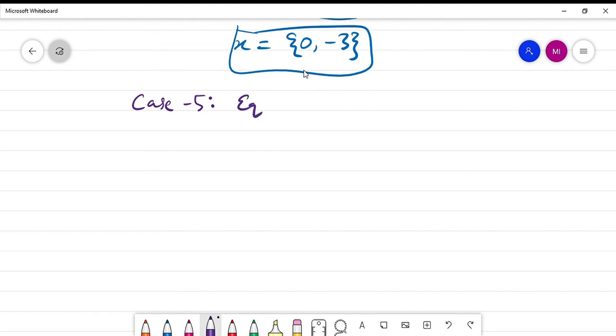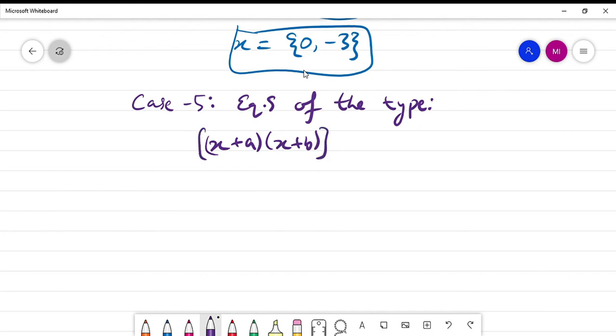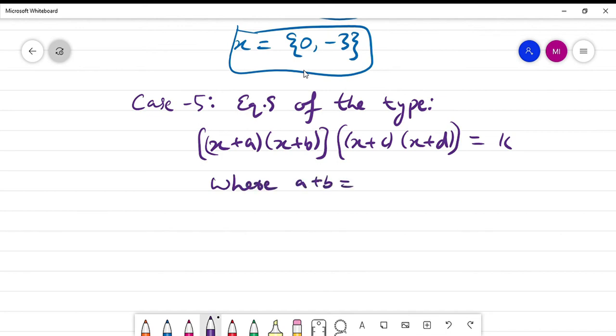Case 5 is when we have equations of the type x plus a into x plus b into x plus c into x plus d is equal to k, where a plus b is equal to c plus d.